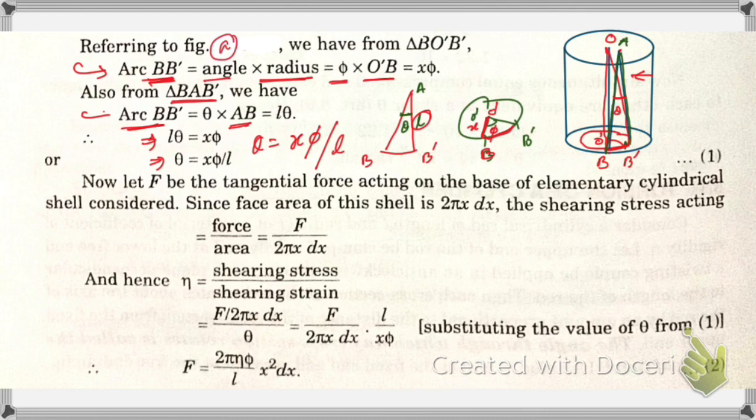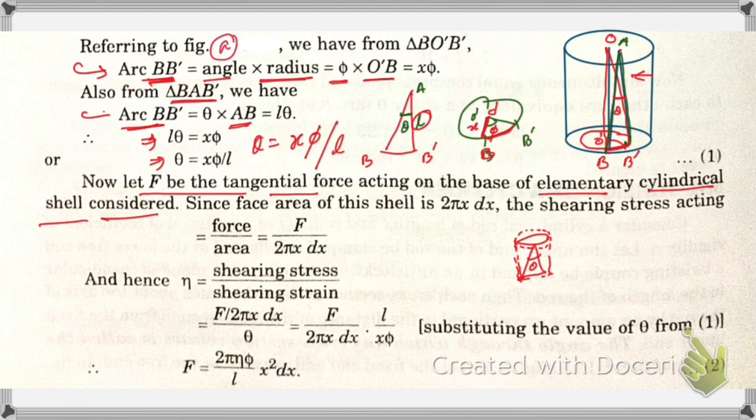Now you see, let F be the tangential force acting on the base of the elementary cylindrical cell considered. We have considered an elementary cylindrical cell that I have already shown in the first slide. We have assumed a cylindrical cell through the angle theta, between AB and AB dash.